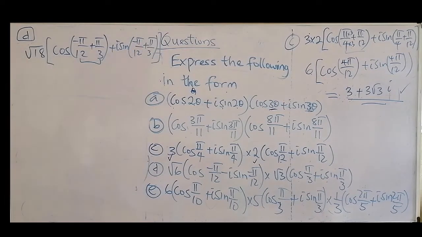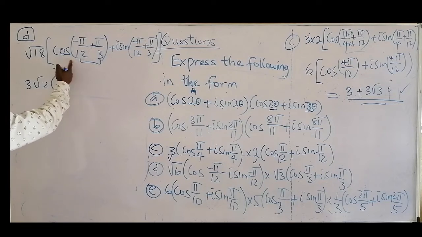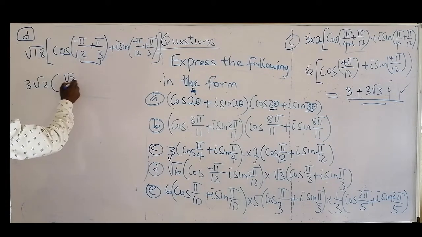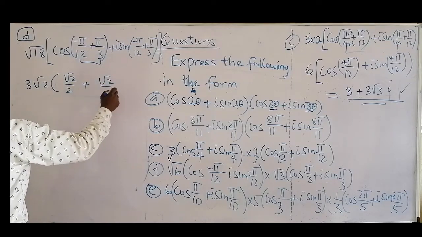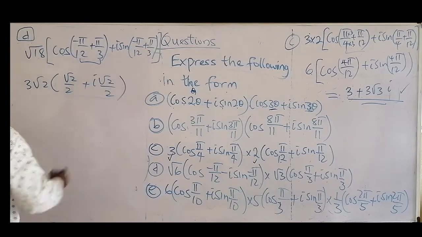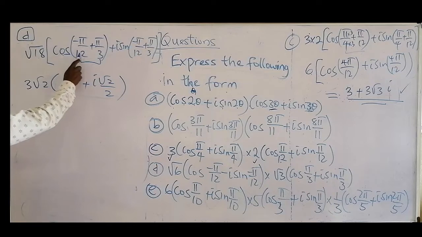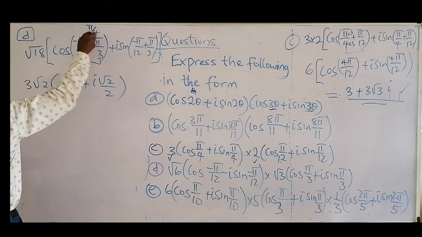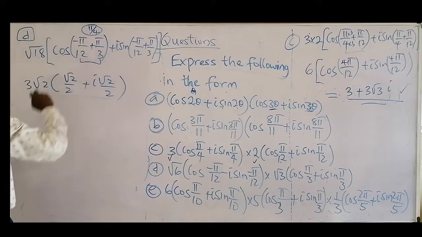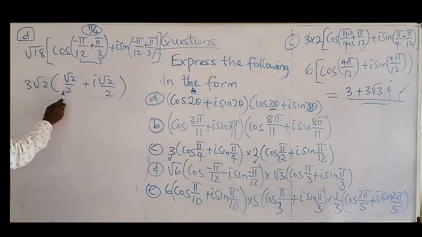So this one will give you 3 root 2, and this will give you root 2 over 2, plus i root 2 over 2. These two here, that's pi over 4, which is 45 degrees. That will give you 1 over root 2, which is the same as root 2 over 2.